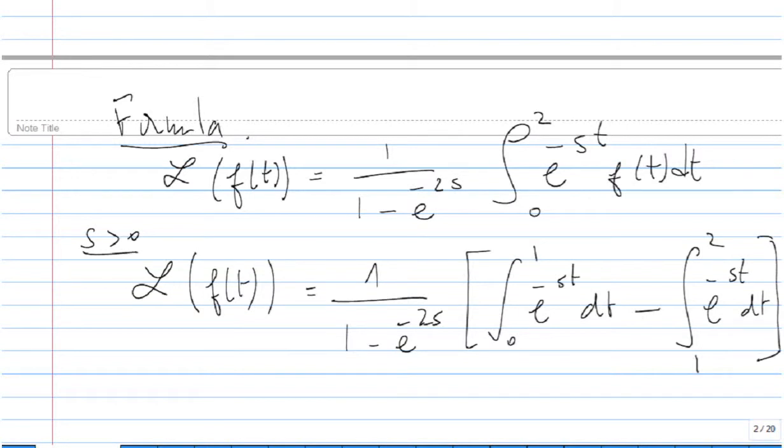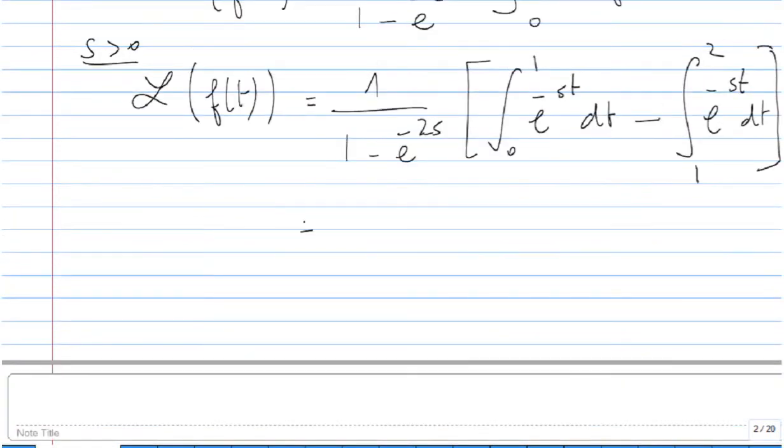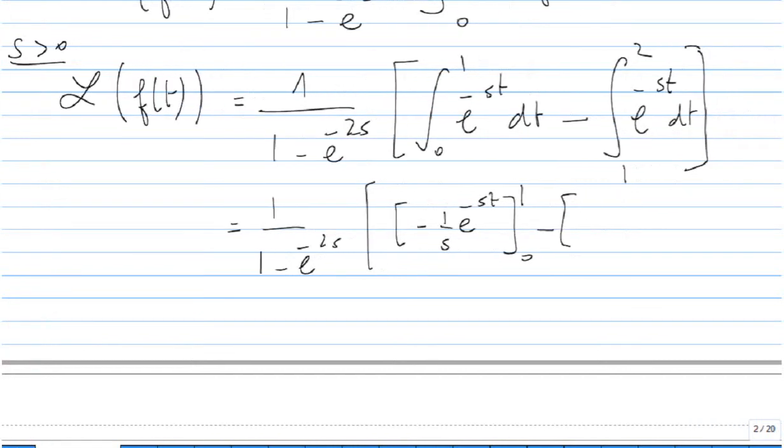So here we have just to compute those two integrals. The first one is minus 1 over s e minus st between 0 and 1, minus minus 1 over s e minus st between 1 and 2.